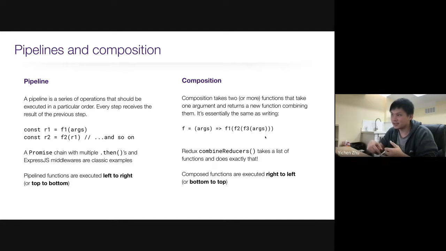And what happens here is, guys, remember BEDMAS, right? You look at the innermost brackets first to get the values first. So f3 would be calculated first, and then f2, and then f1. So that's essentially what composition is.